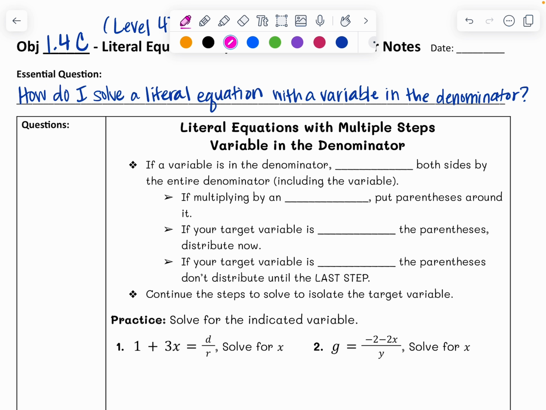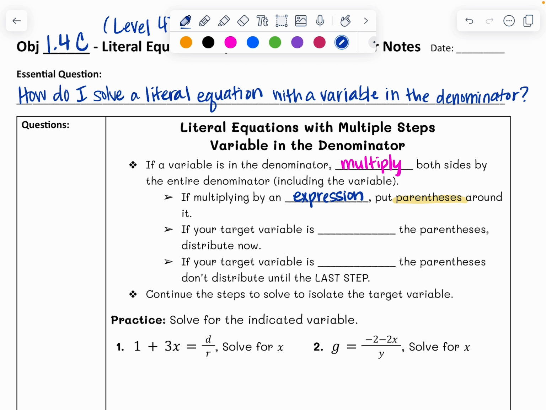So we need to multiply both sides by the entire denominator, including the variable if it has one. When you multiply, if you're multiplying by an expression, so if the other side of the equal sign has more than one term, you're going to put parentheses around it before you multiply.